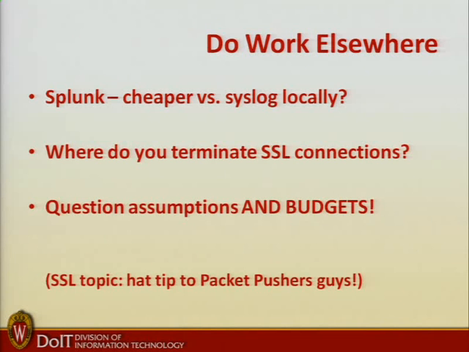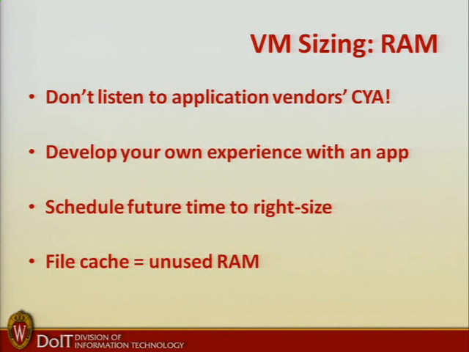So, if you're doing a lot of SSL, a lot of web traffic, it might be cheaper to use one of those rather than doing the SSL locally on all the hosts. I guess it depends on your host, depends on your environment, but just throwing it out there. It speaks directly to the budgets. So we'll get into a little bit of VM sizing, back to the VMs themselves.